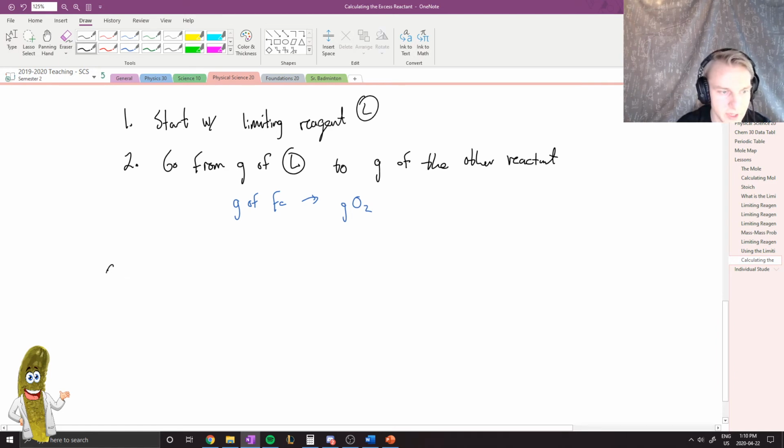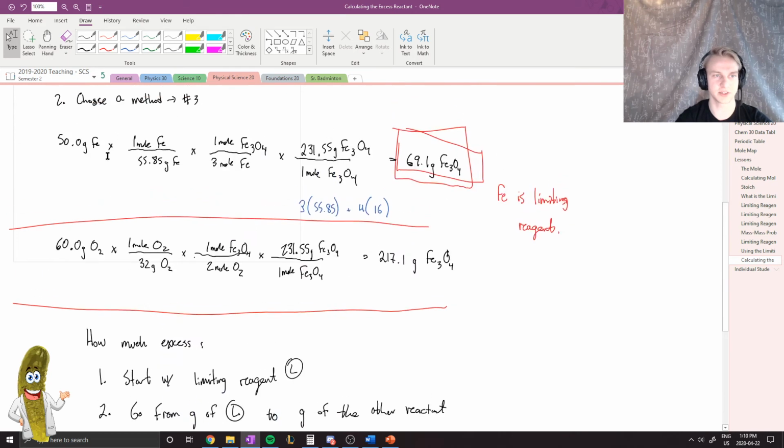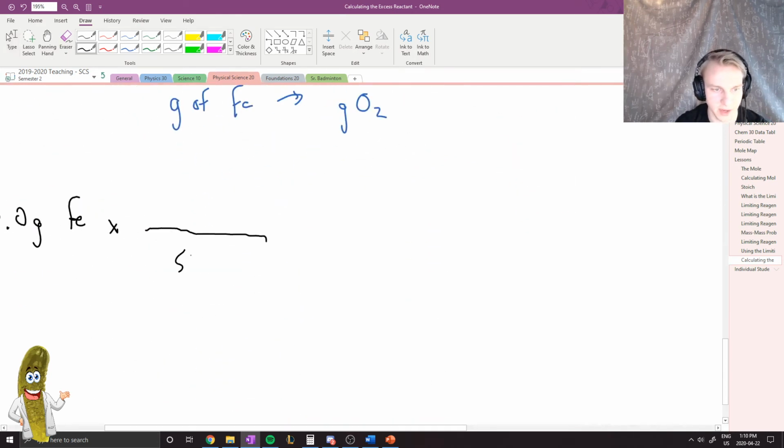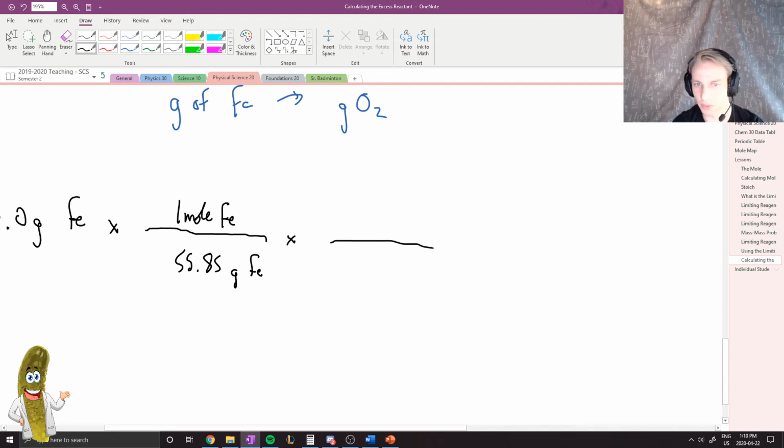So we had 50.0 grams of Fe. Times sign line. We've done all of these molar mass calculations already. We knew that that was 55.85 grams of Fe, and we can convert that into moles of Fe. Now, what we're going to do is use our molar ratio.